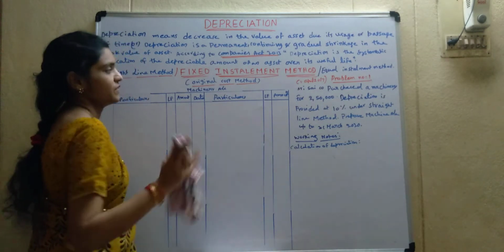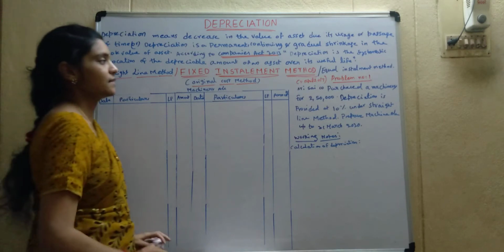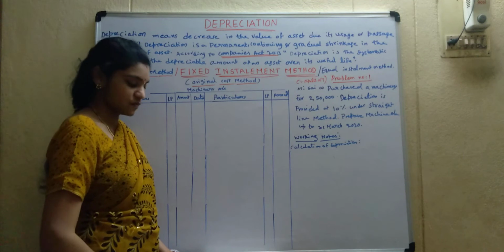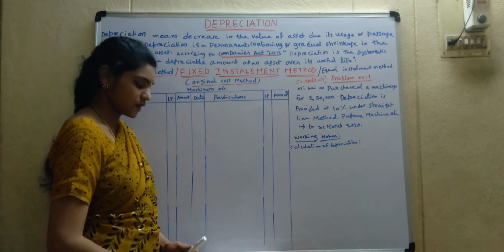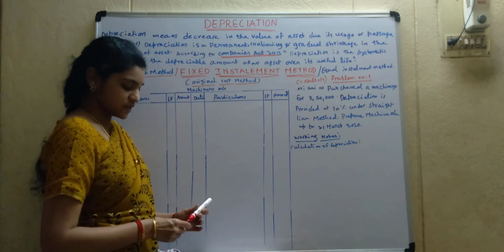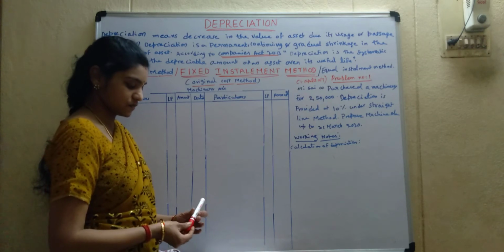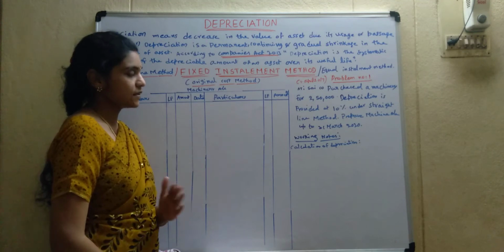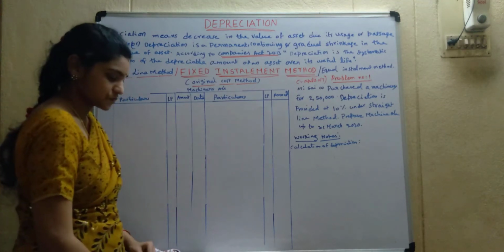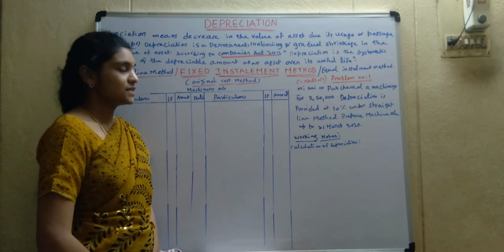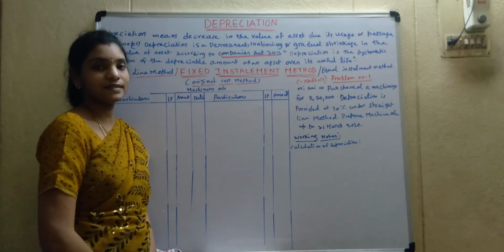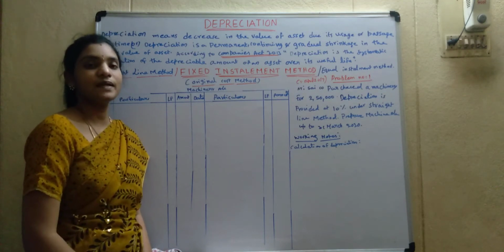Under the fixed installment method, depreciation is charged on the original cost of the asset, and it remains fixed throughout the life of the asset, and the asset is completely written off. But this method is not recognized by the income tax department.